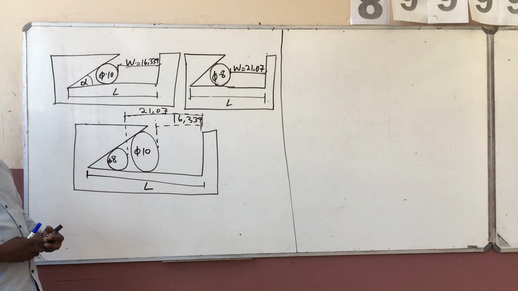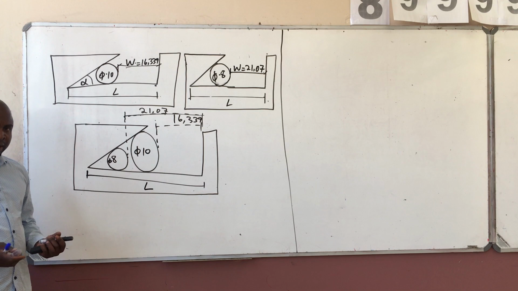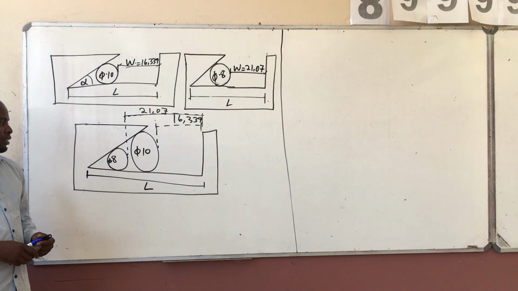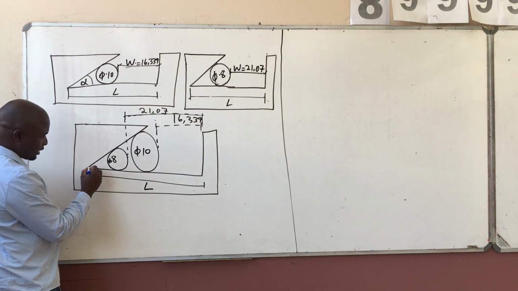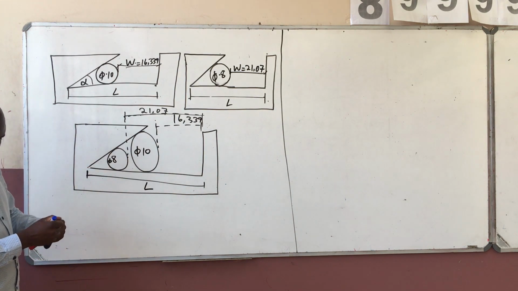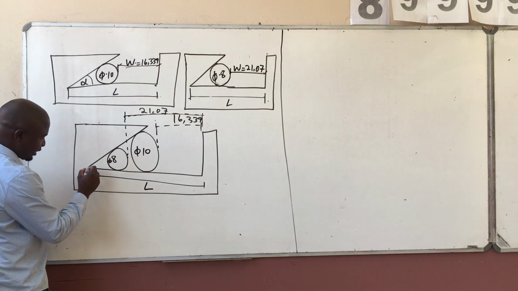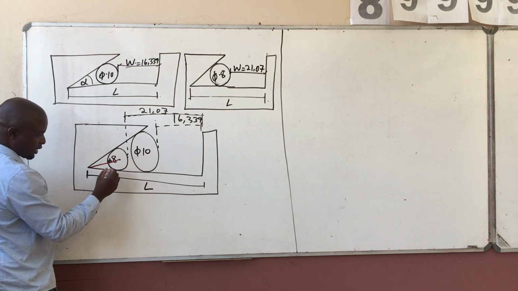For us to calculate an angle, we need to have a triangle in precision. So even here, I'm going to construct two triangles. The first triangle will be from this corner till the center of this circle.